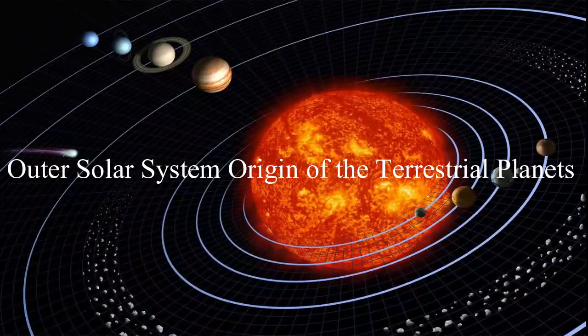But before we get to that, we have to understand at least the basic outcome of another theory, and that is my theory of the outer solar system origin of the terrestrial planets, which is an argument that Mars and Earth and the other terrestrial planets were pulled by Jupiter's gravity into the inner solar system.